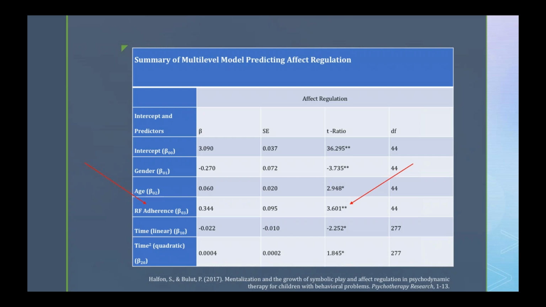This may be because externalizing children have more deficits in affect regulation, like in the two videos that we showed. So improving affect regulation could be more critical for externalizing children, whereas internalizing children may need help with other kinds of deficits. Even though they also benefit from affect regulation, externalizing children show more significant gains in affect regulation. So diagnosis does moderate that.